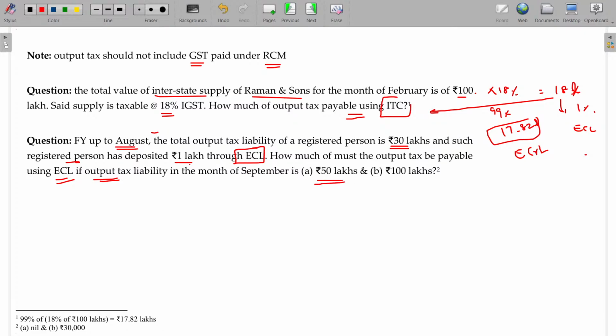In this month, he is paying 50 lakhs. 30 plus 50, 80 lakhs. You know, 80 lakhs. How much can be in the form of electronic credit ledger? 99%. Otherwise, how much should be from electronic cash ledger? 1%. This will be 70?